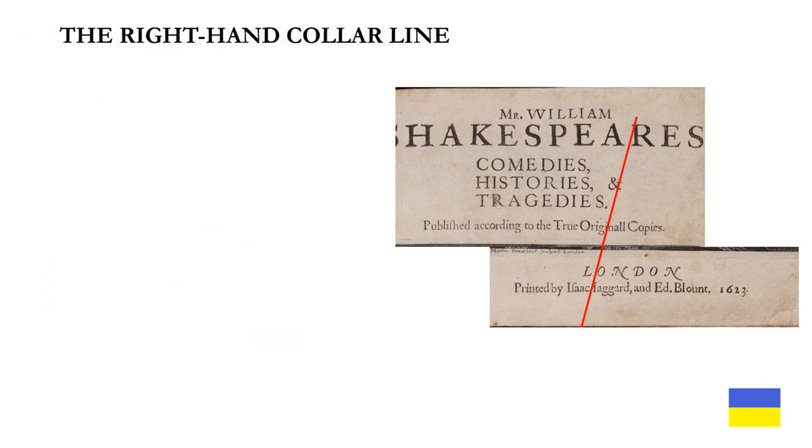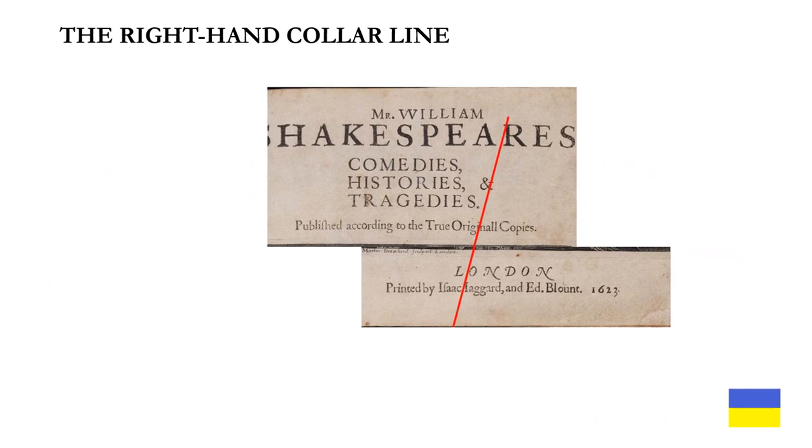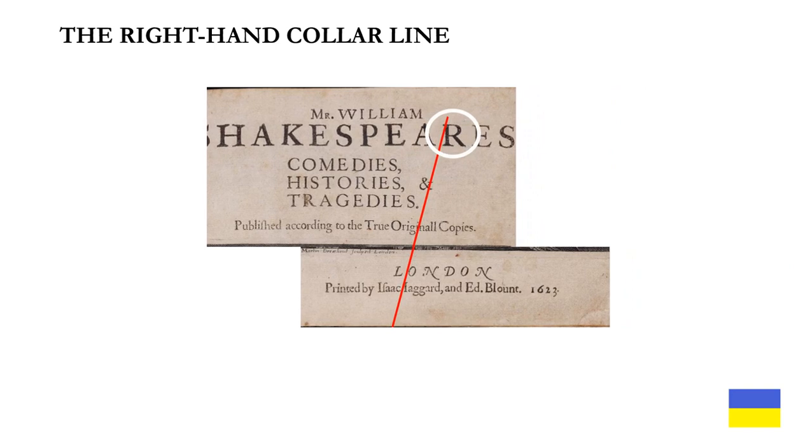The right-hand collar line is more interesting. The line clips the uppercase R in Shakespeare. It clips the right-hand side of the ampersand.